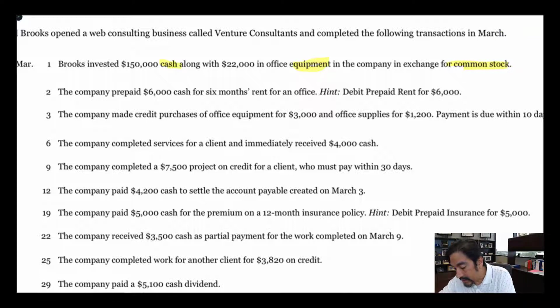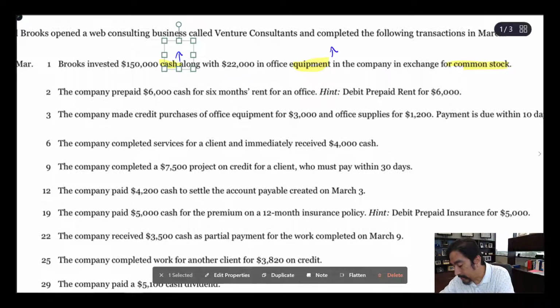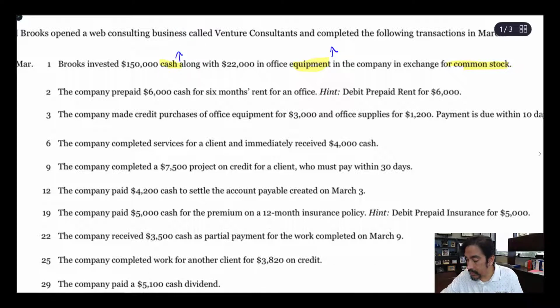Cash, like I said, cash in, so it increased. Equipment in, that increases as well. And common stock issued, that's also an increase. Cash is an asset account, so we increase asset accounts with a debit. And office equipment is an asset account. We increase asset accounts with a debit.